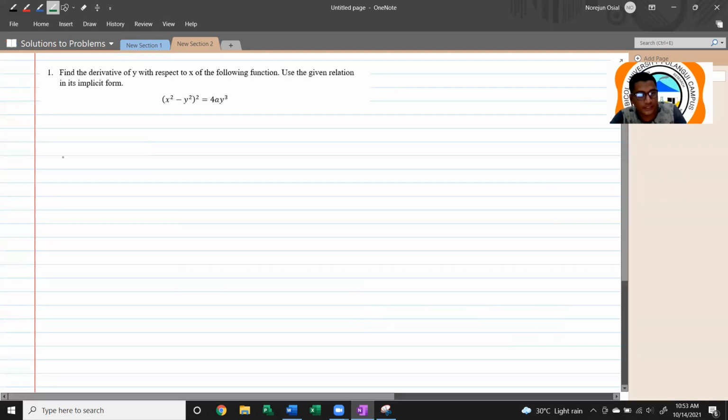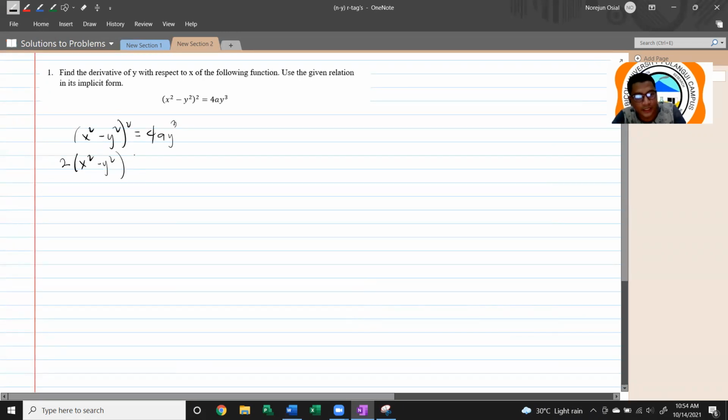Let's write first our equation: the quantity x squared minus y squared, squared, equals 4ay cubed. Let's first differentiate this term. Using the general power formula, this becomes 2 times x squared minus y squared to the first power, times the derivative of the expression inside.